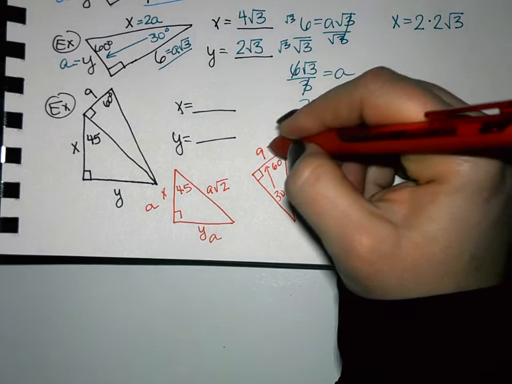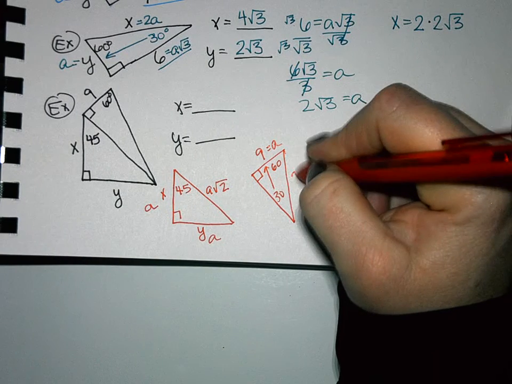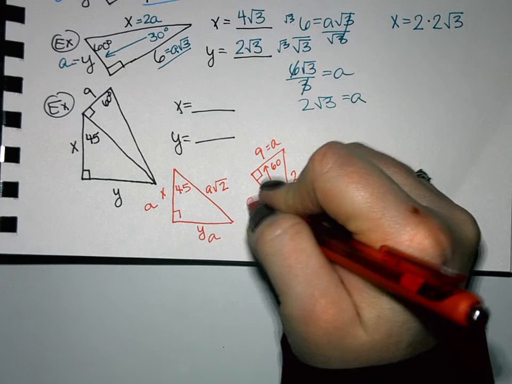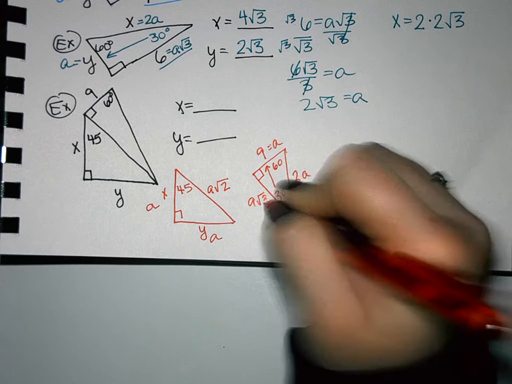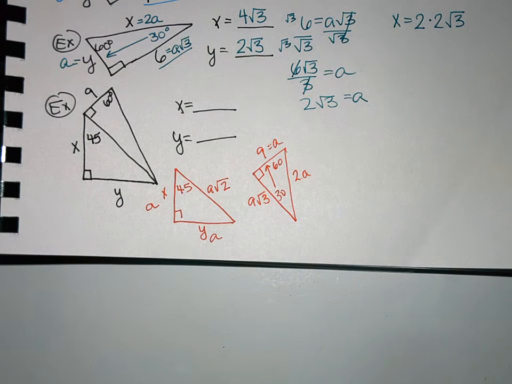This would be A, our hypotenuse would be 2a, and our longest side would be a root 3. So how does this help us? What do you notice about the two triangles? That 9 equals A. 9 is equal to a, yes.